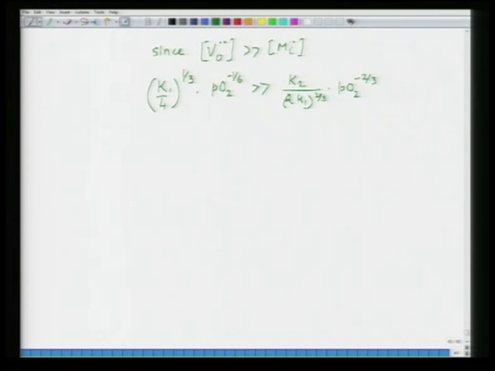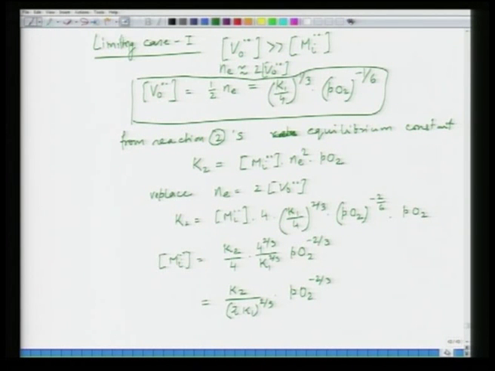So, this is the condition that we establish, and if you now rearrange this, what you will find is that PO2 is greater than K2 divided by K1 square. Okay. So, this is the pressure beyond which this condition will be satisfied. So, this was case 1, limiting case 1 when VO is greater than Mi.